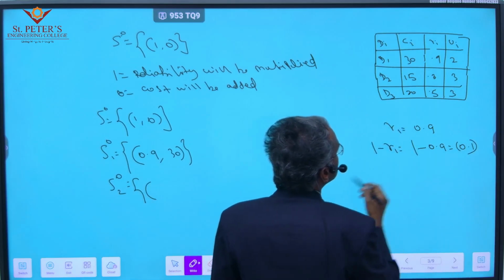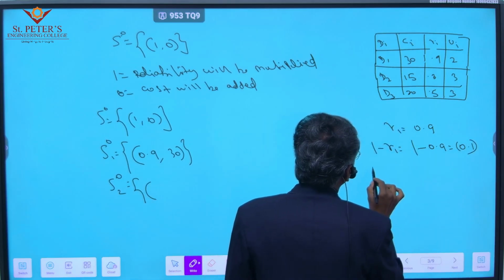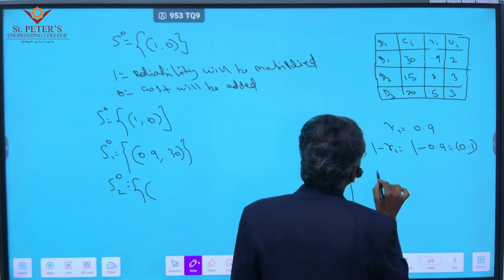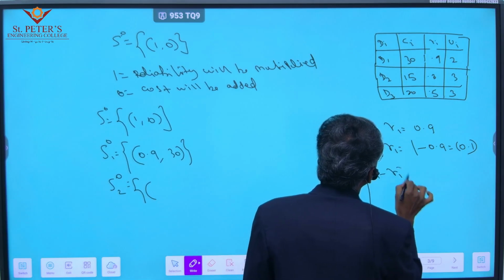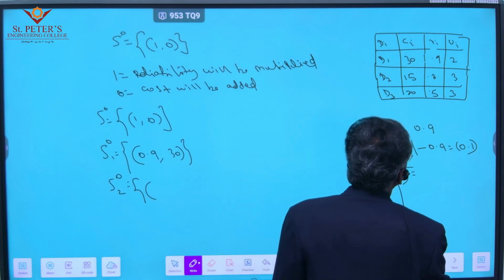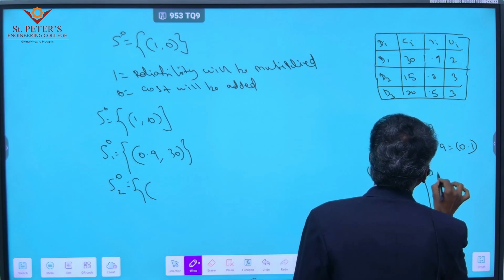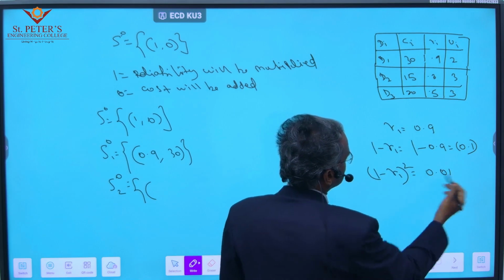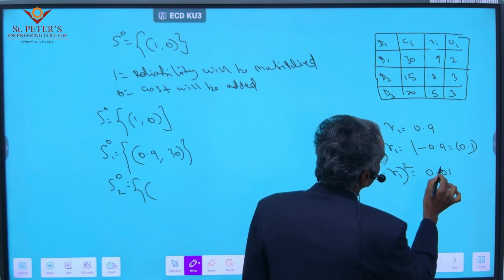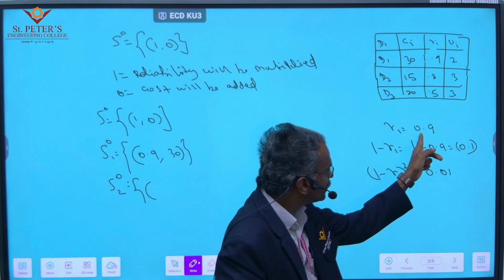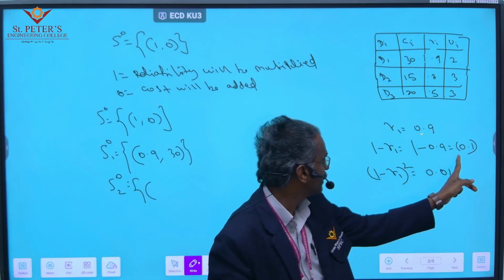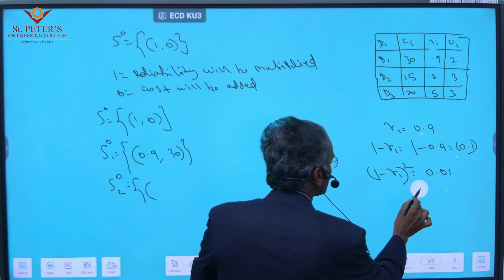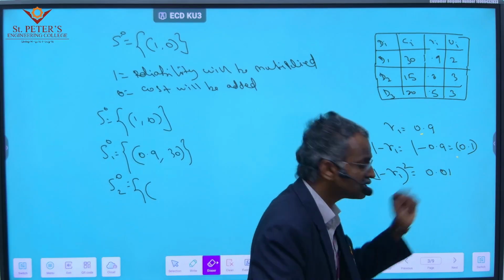For 1 copy the failure rate is 0.1. For 2 copies, the failure rate is 0.1 squared.